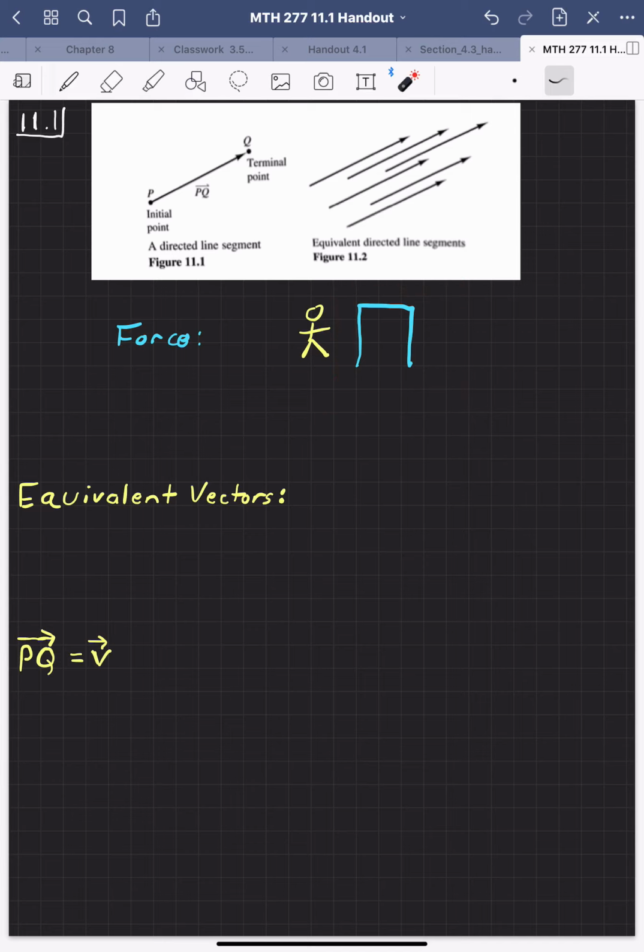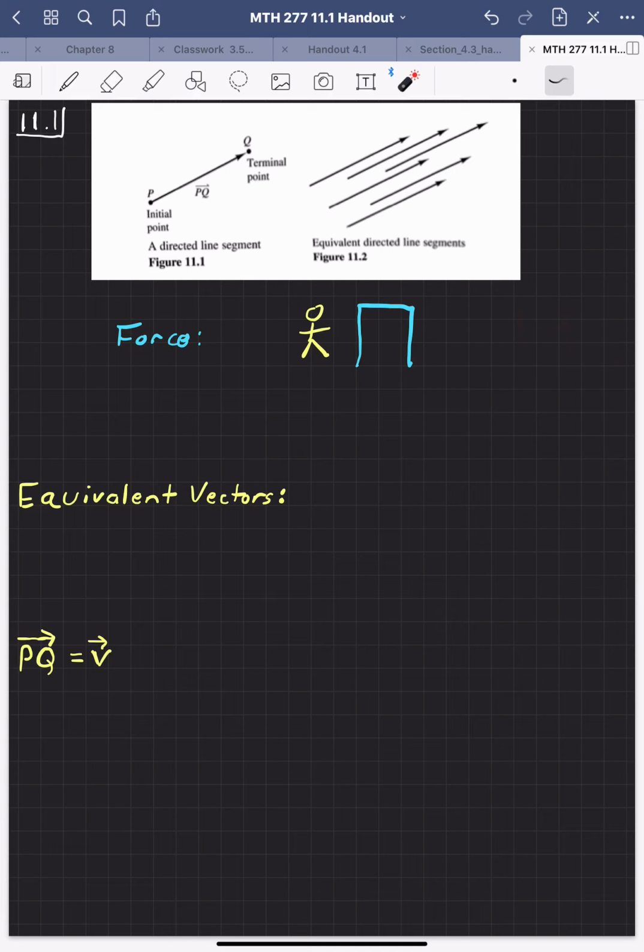Now, this is also true for things like velocity. If you were driving and you looked at your speedometer, it would tell you, say, you're going 55 miles per hour. Now that is the speed at which you are traveling, but that's not a velocity, because for a velocity, you would also have to tell me in which direction you are going at that speed.